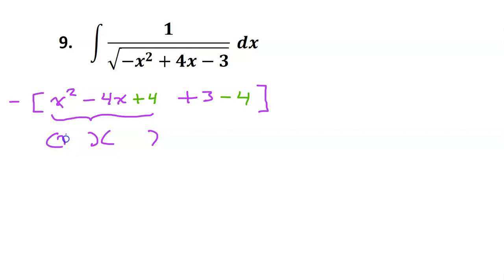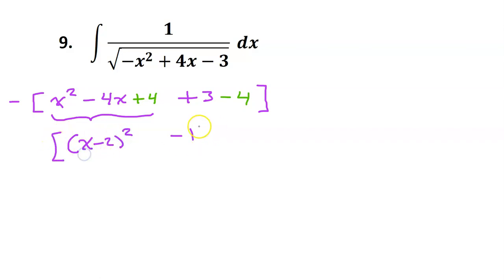So this will be x minus 2 times x minus 2. You can tell the sign because of the middle sign. Meanwhile, 3 minus 4, that's -1. So I have this. Let's not leave x minus 2 times x minus 2. Let us instead write x minus 2 squared. So I have x minus 2 squared.